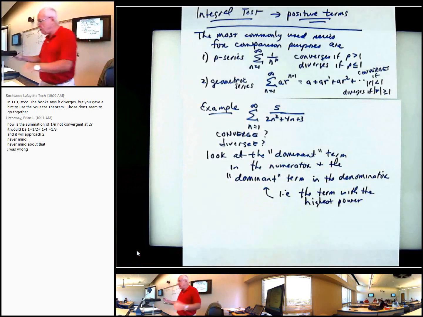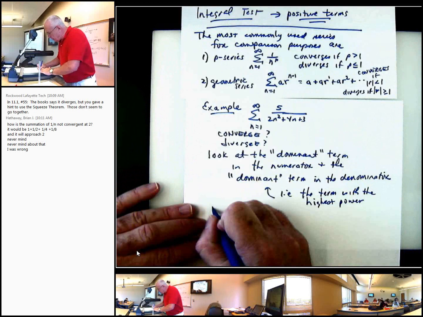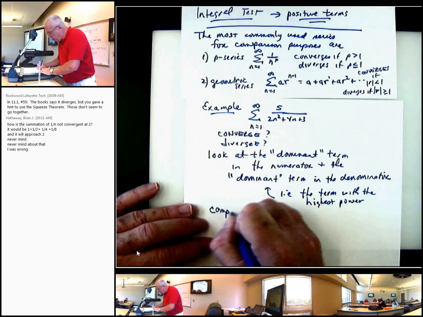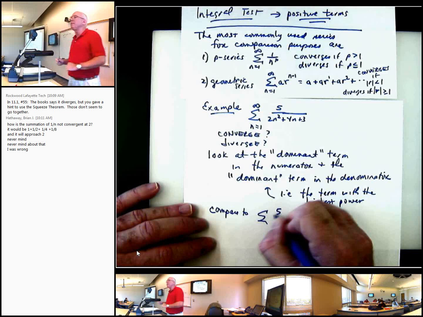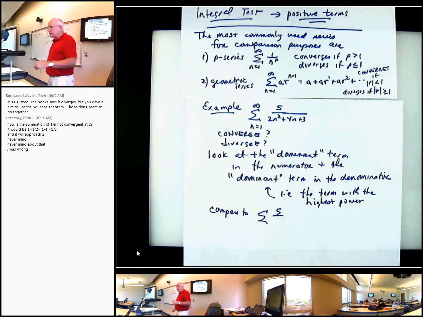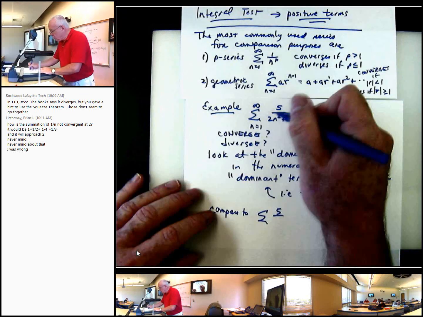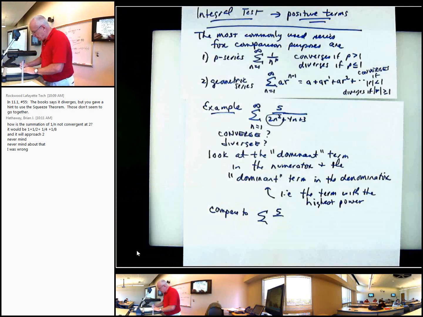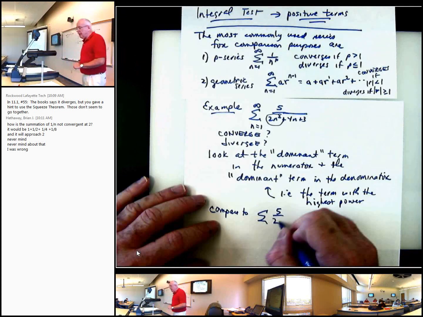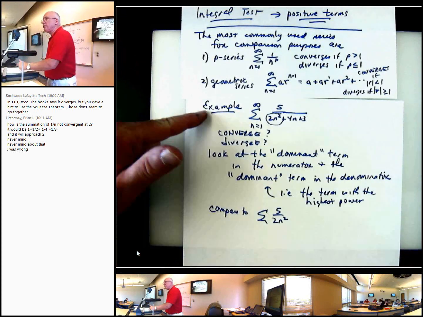So that's what we're going to use. So we're going to compare to the summation. Now in the numerator, all we have is 5. In the denominator, we're going to use the 2n squared, which is the dominant term, has the biggest exponent. And that's what we're going to compare our given series with.